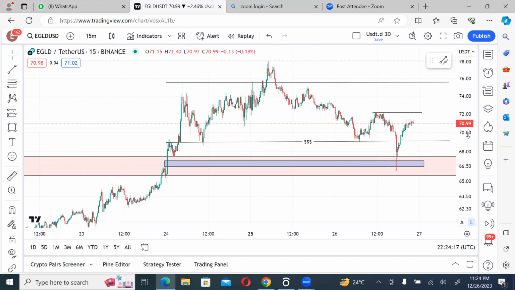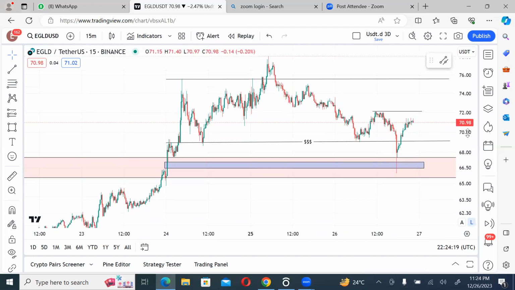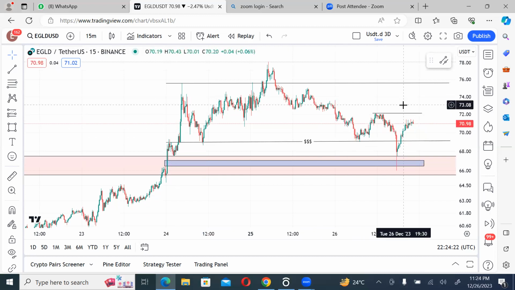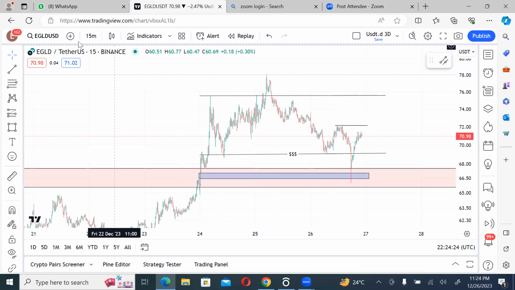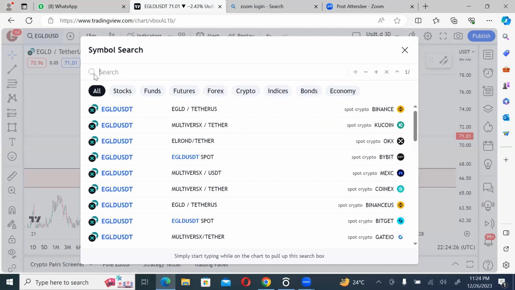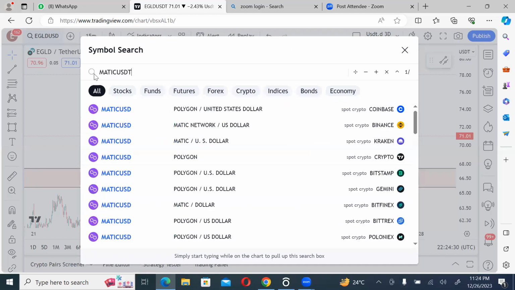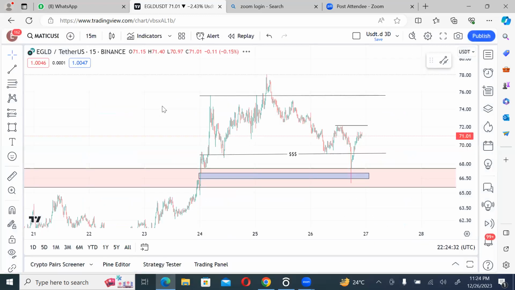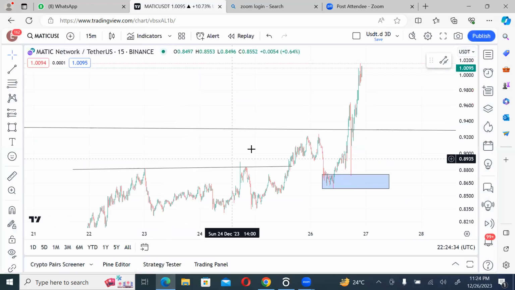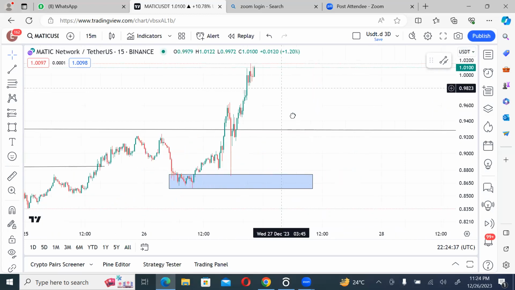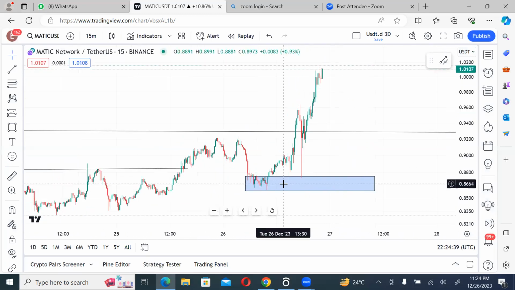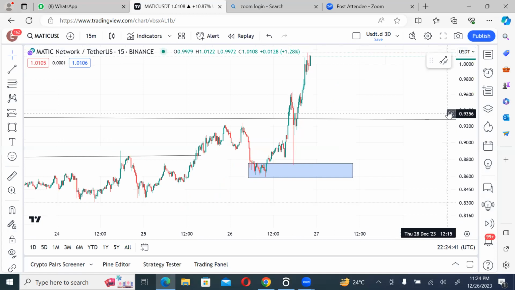So basically, this is how price should move. Right? I've done a lot of analysis before. This is e-gold. I gave one just now, Matic. And look, that coin has done something very crazy. Look at the order block. Look at where I took my entry from.